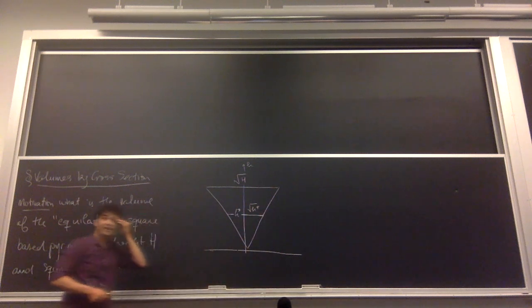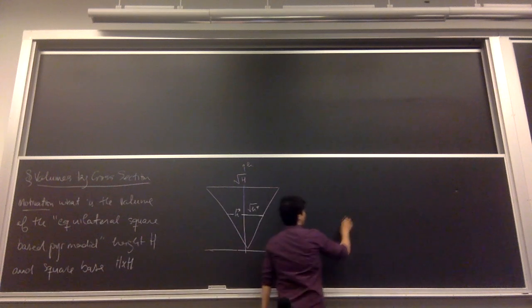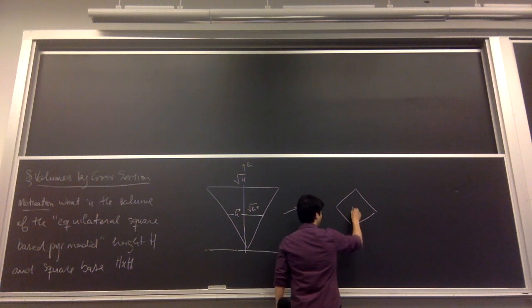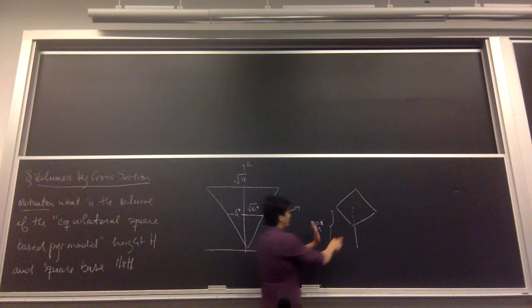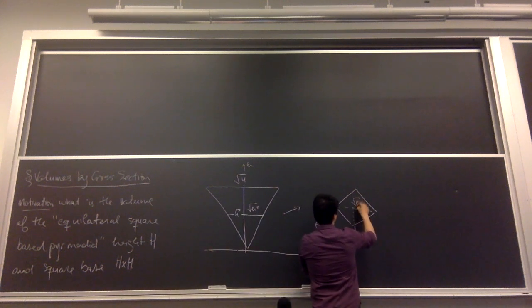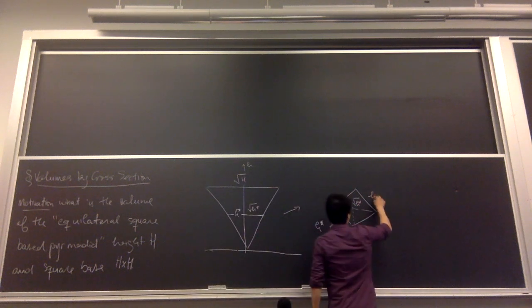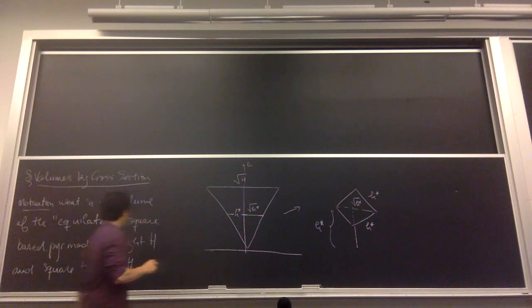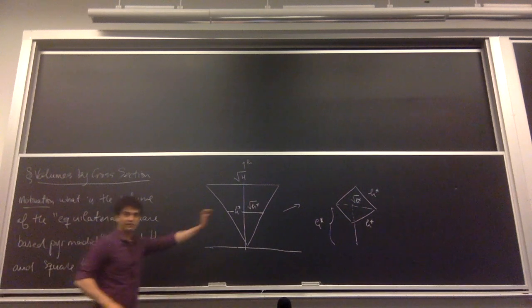So given this picture, this means that if we look at the slice at height h star, or height sample, the diagonal here is given by the square root of that, which means that the side lengths here are given by that. Isn't that what you said? Oh, no, you said delta H. This is a different H.